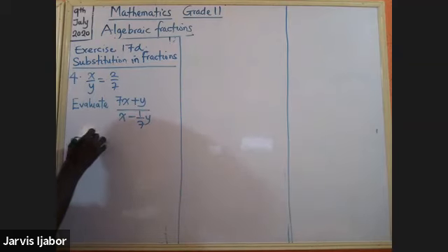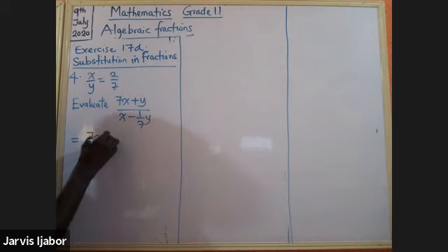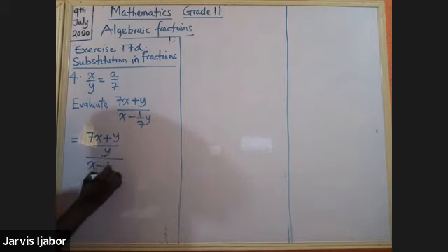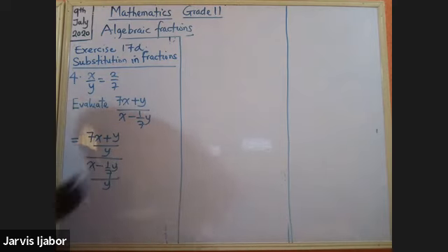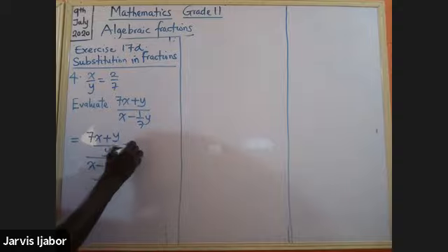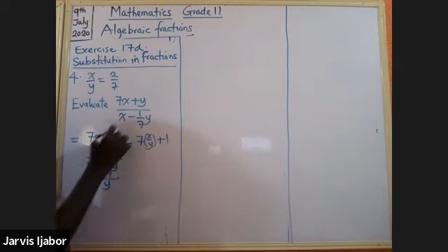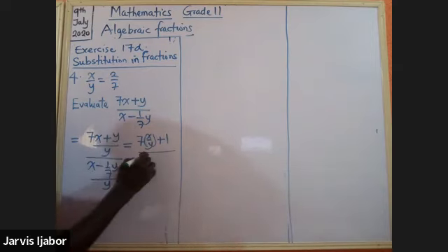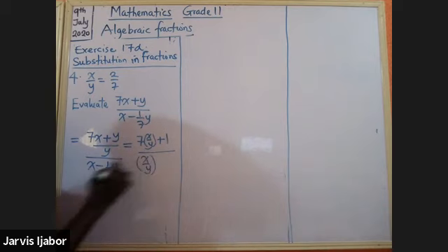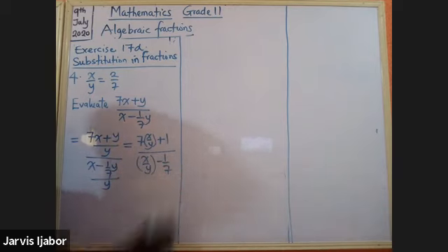Let me use y this time around. x plus y divided by y all over 7x minus 1 over 7y divided by y. So if that is done correctly, this will give me 7x over y plus 1 all over x over y minus 1 over 7.